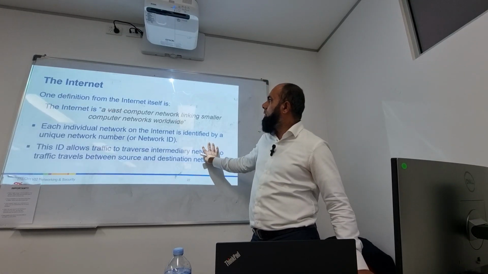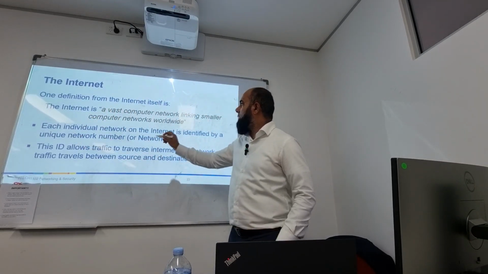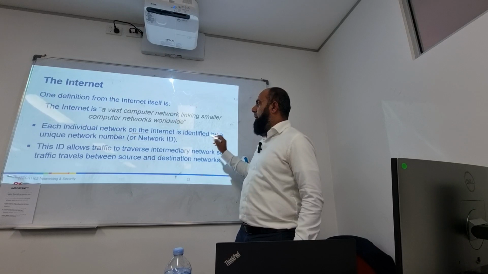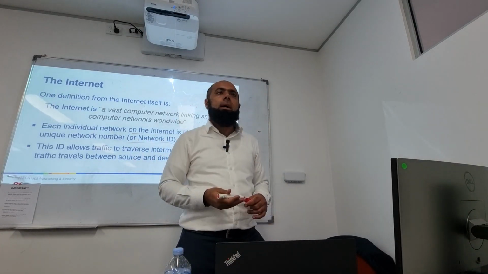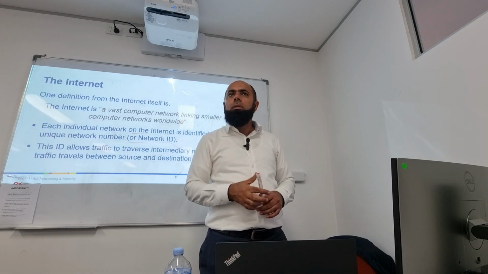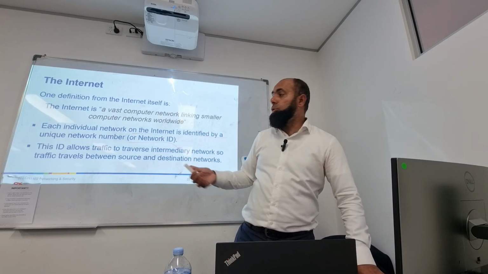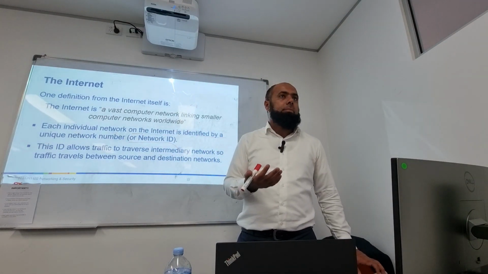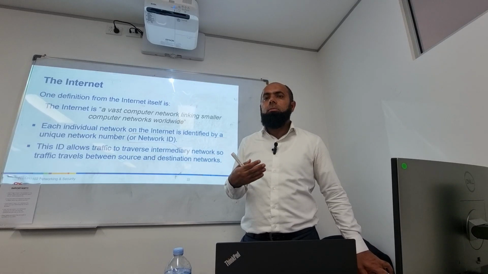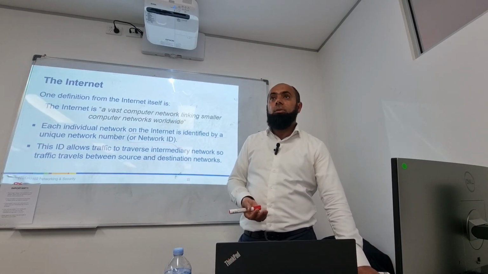So now coming toward the world of the internet, remember that each network on the internet is identified by a unique network number. The way your mobile has an IMEI number, similarly the internet has the same thing. So the sender and receiver can be identified. If you can't identify them, then you can't communicate over the network.